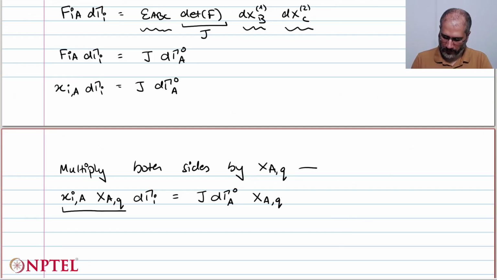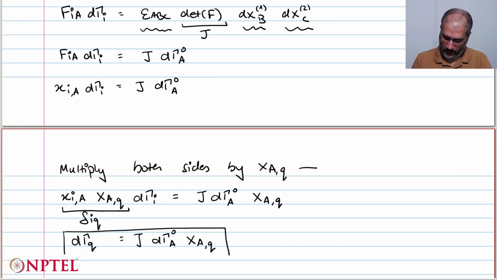Now this quantity is delta_iq. You can see that if small x is written as a function of capital X's, this is nothing but the chain rule. So the left hand side simplifies to dΓ_q, and that is equal to J times dΓ_0a times X_a,q. This will be boxed, and we'll call this C.